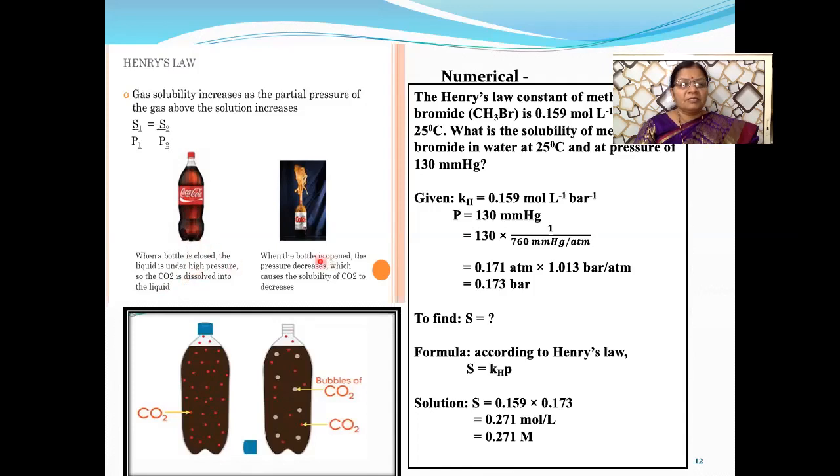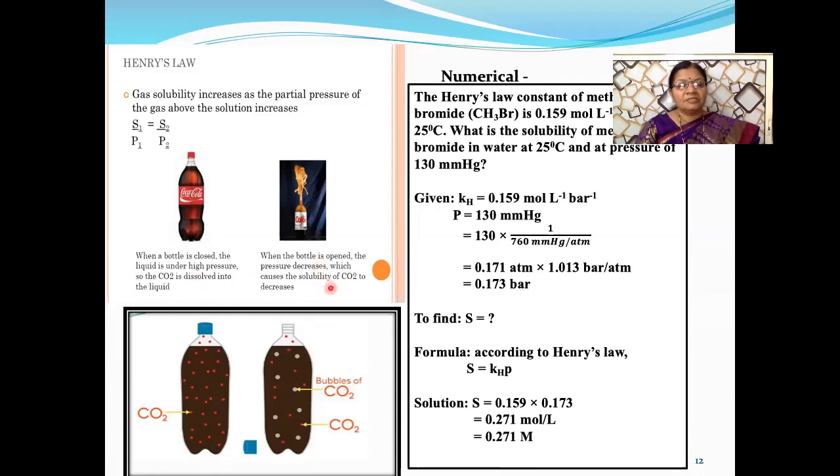But when the bottle is opened, you can see this figure. When the cap on the bottle is opened, what is the observation? The excess CO2 which is dissolved under the high pressure comes out in the form of effervescence. In other words, the solubility of CO2 decreases because we are releasing the pressure when the bottle is opened.